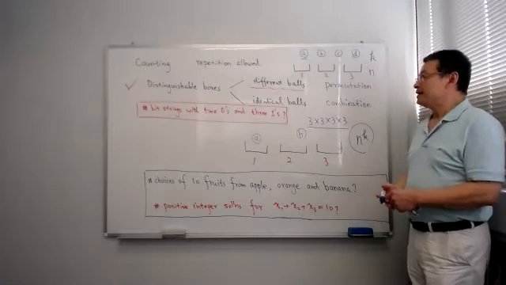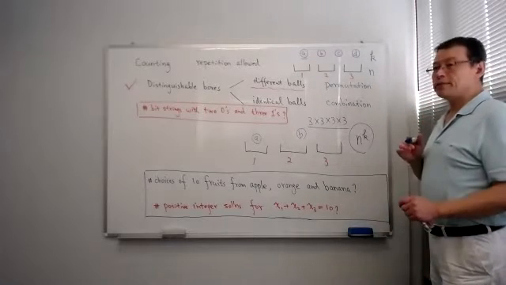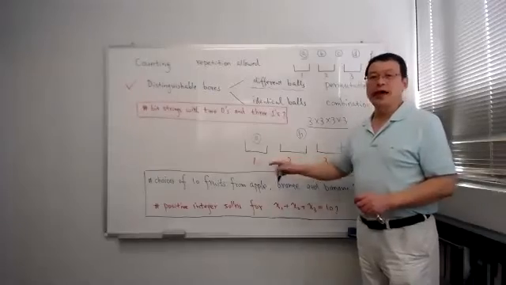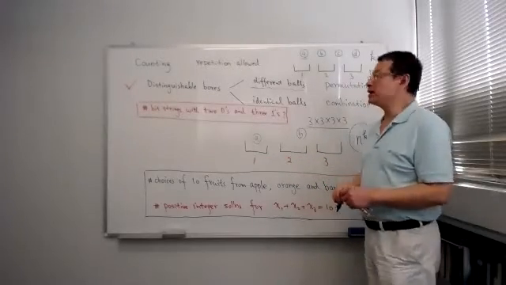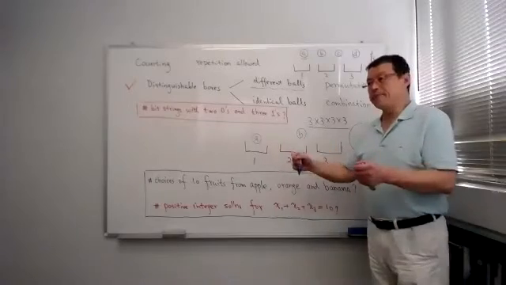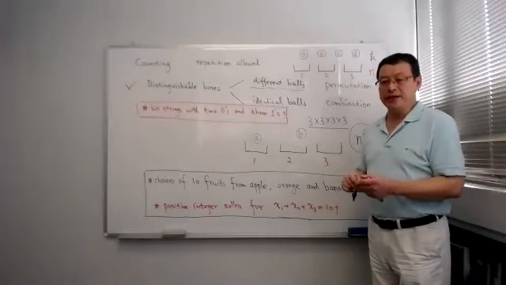Now the situation is a little bit different. Each box will have a capacity. You cannot put everything inside one box. Actually, not only capacity, each box requires a fixed number of balls.